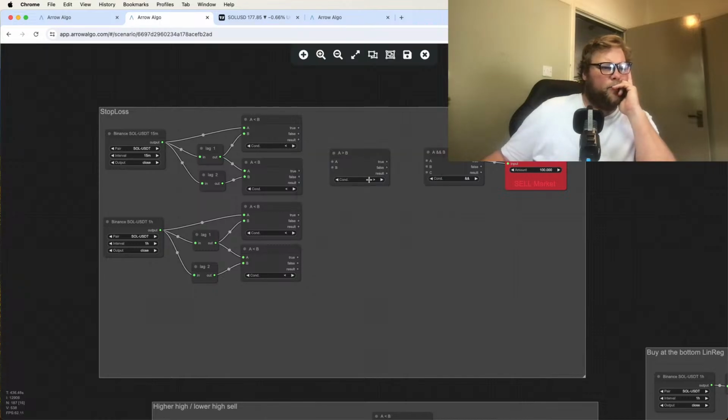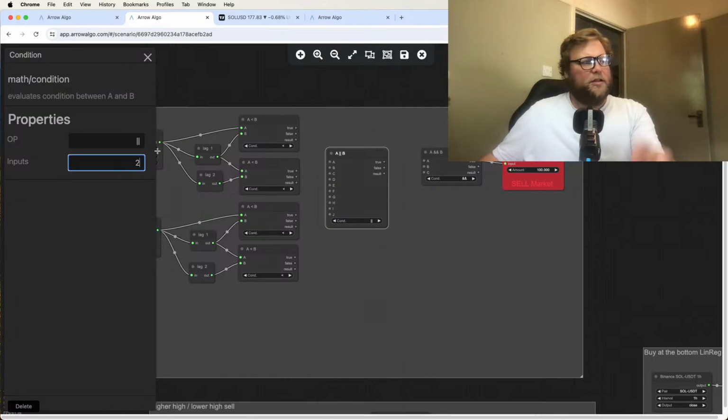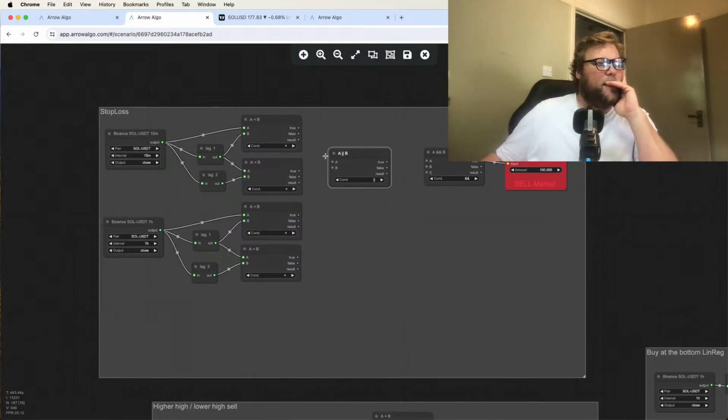And again, I think I'm probably happy for either of these to contribute. So I'm actually going to stick in an OR block here as a condition block.